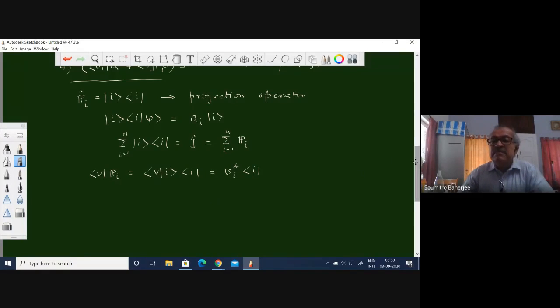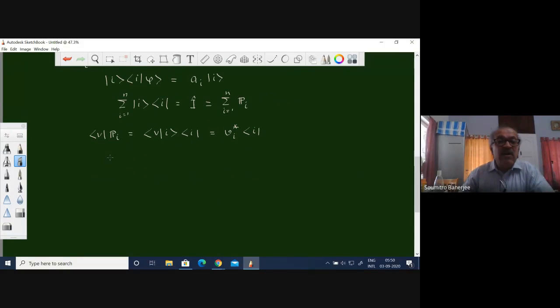And pi pj, what is that? That means you get the projection along the I direction and then get the projection in the j direction. What do you get? First let me write it out, I j.